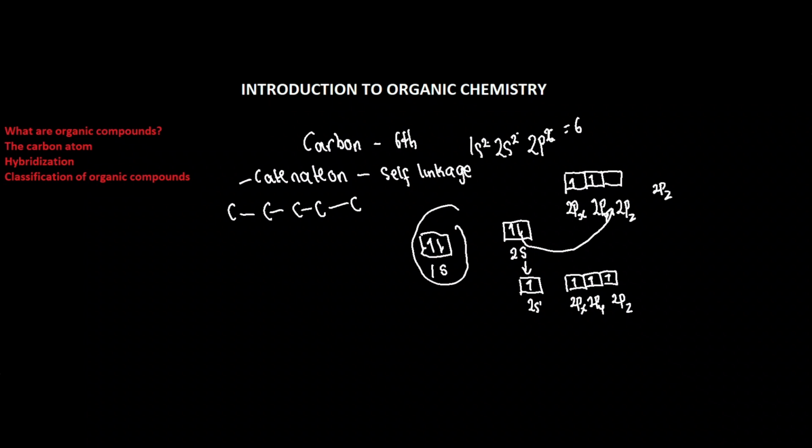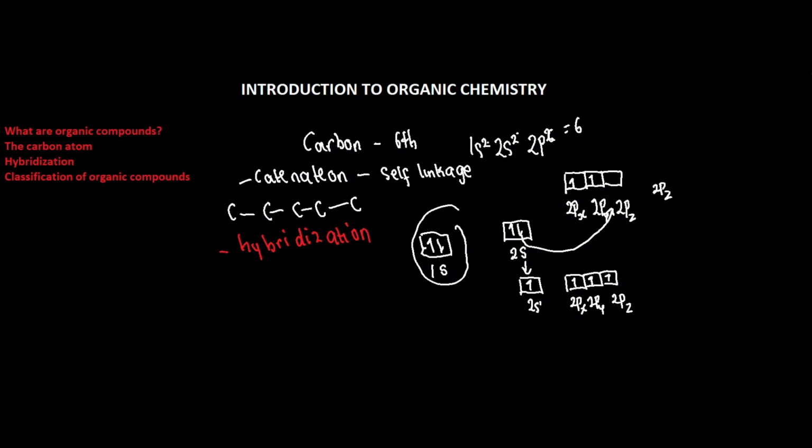Another one which we'll later look at is the ability of the carbon atom to form hybrid orbitals, or hybridization. This is another quality of the carbon atom that enables it to form such a wide array of compounds.